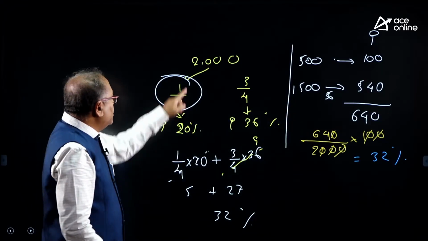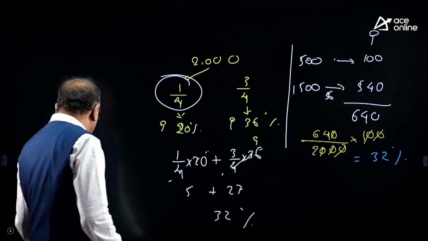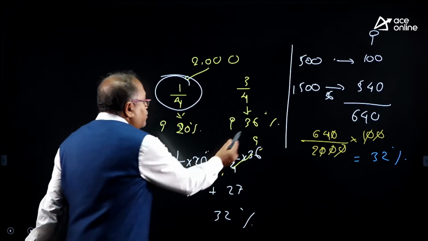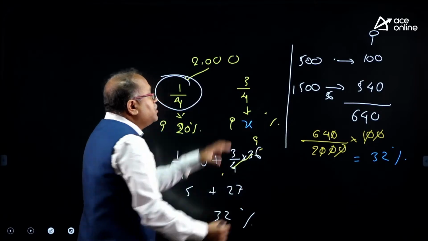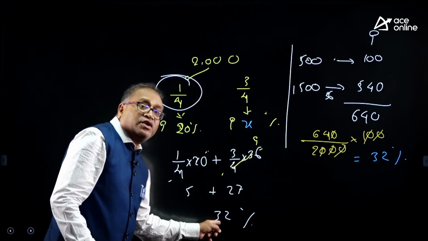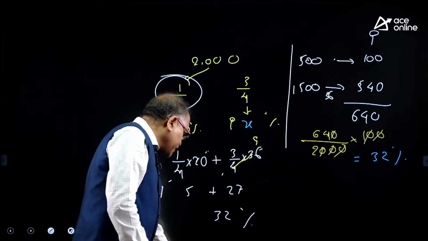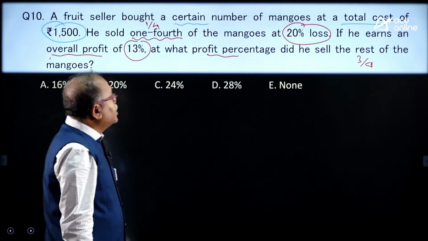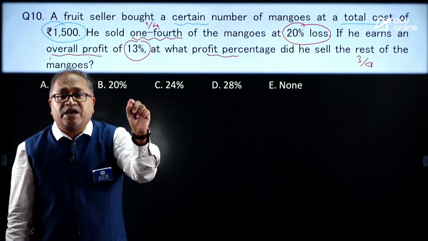Do I need to do all this calculation? No. 1/4 at 20% profit, 1/4 of 20, and if I do not know this value, then I will consider this value as x, 3/4 of x, which is equal to 32. What is x? Let us answer this question now. As it is a loss, use the sign minus.